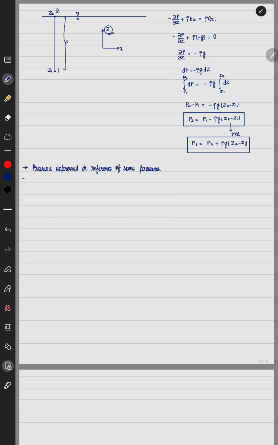And if the reference pressure is atmospheric pressure, then the pressure is called gauge pressure.